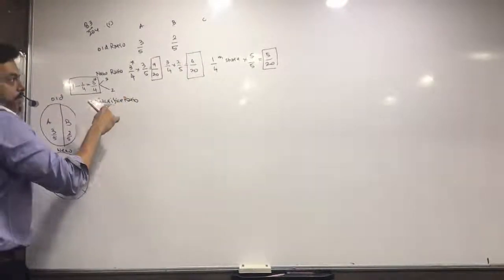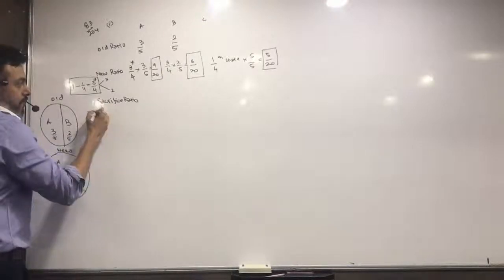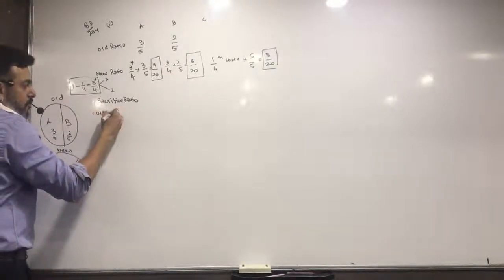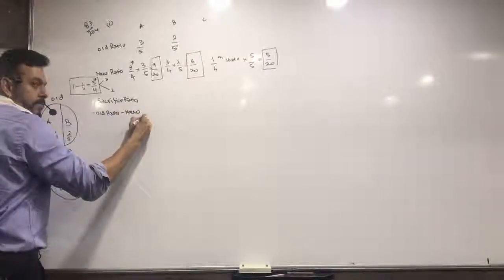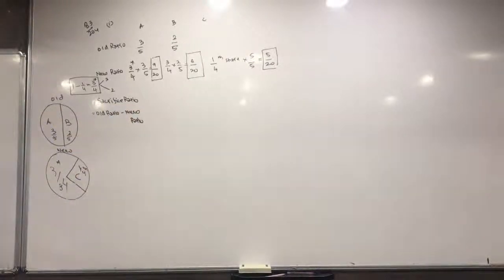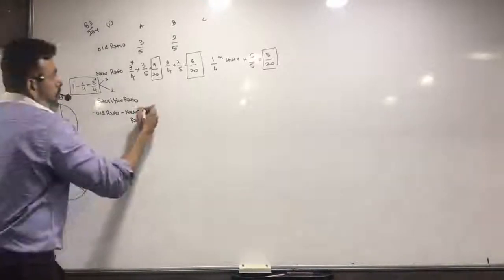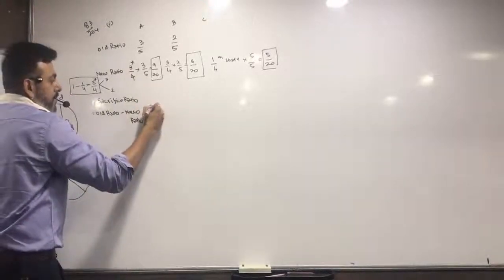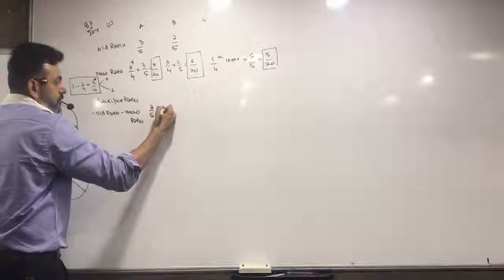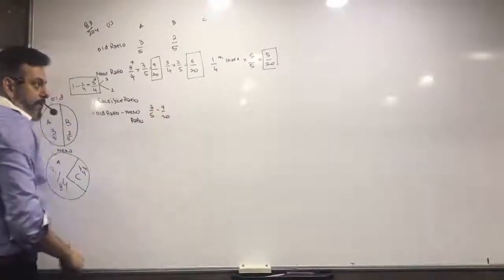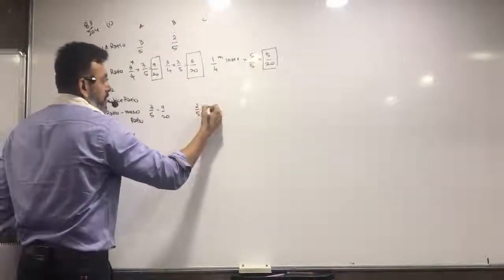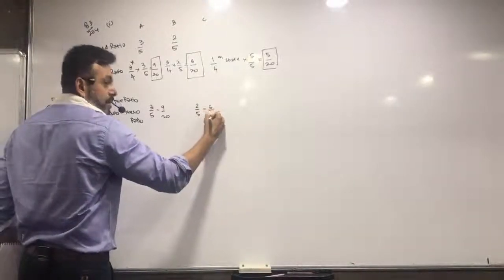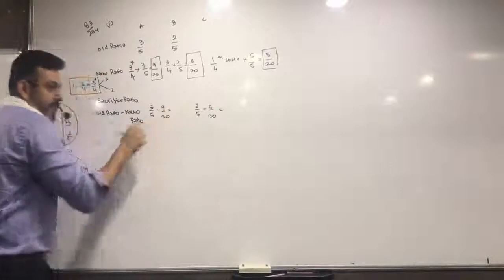Now we go for sacrifice ratio, which is equal to old ratio minus new ratio. Got it? Now, what is old ratio? 3 by 5 minus new ratio 9 by 20. Over here, old ratio is 2 by 5 minus 6 by 20. What is LCM?